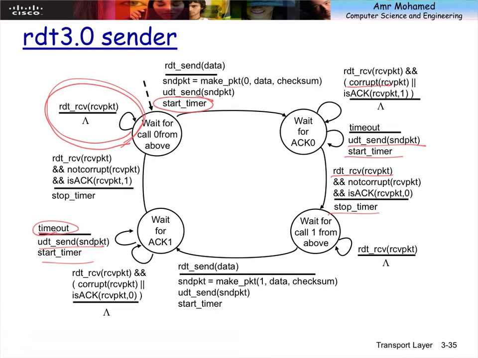Why? Because this assumes that while I'm waiting for a packet from above, I receive a packet from below. I'm in a state waiting for a packet to come from the application layer, but I received a very weird event. There's a packet coming from the network layer, which indicates what?